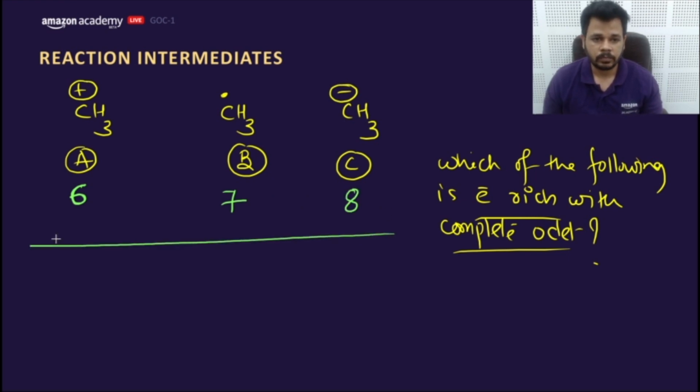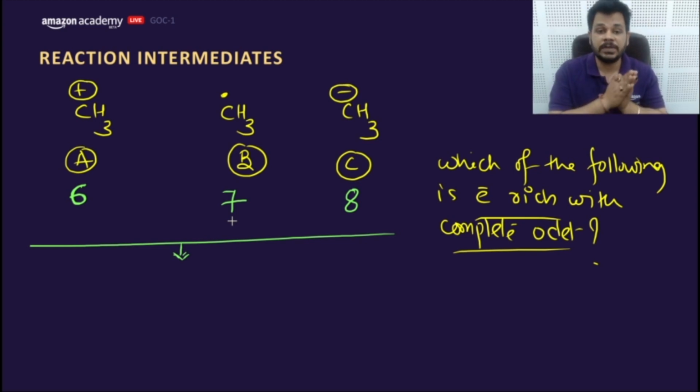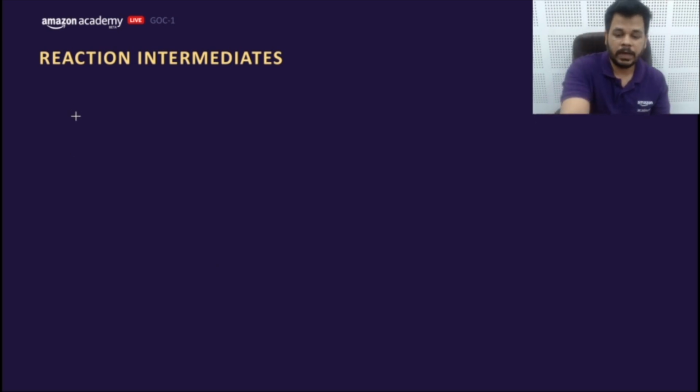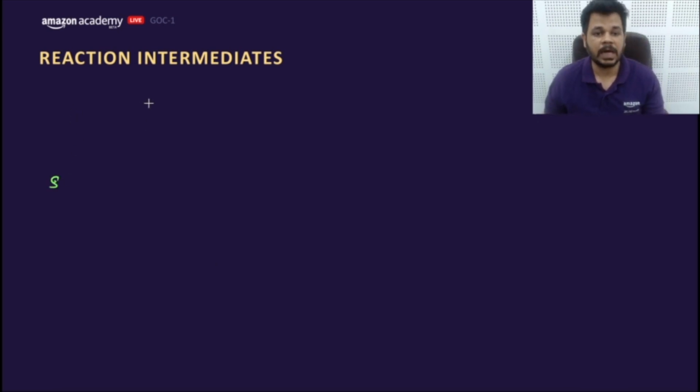So these are reaction intermediates which form during the reaction, and the stability of these reaction intermediates decides the rate of reaction. So the next part of discussion is how to stabilize reaction intermediates so that we can compare the rate of reaction. If we can compare the stability of intermediates, we can compare the rate of reactions also. So let's try to understand the way to stabilize carbocation, carbanion and free radical. Let's have an example.